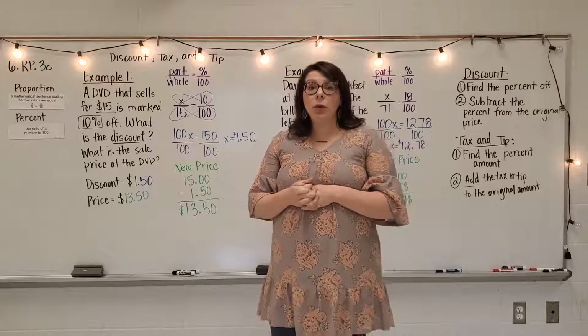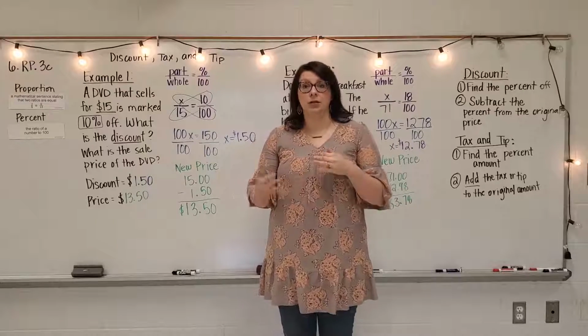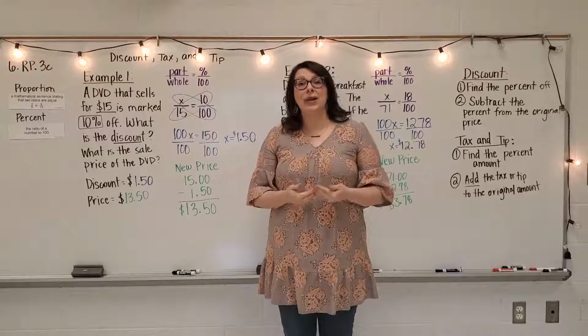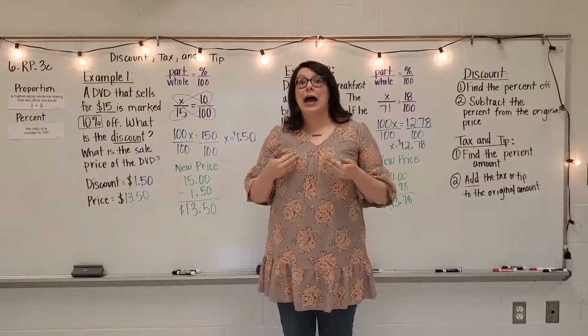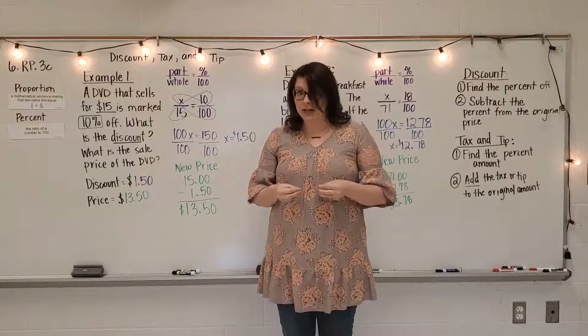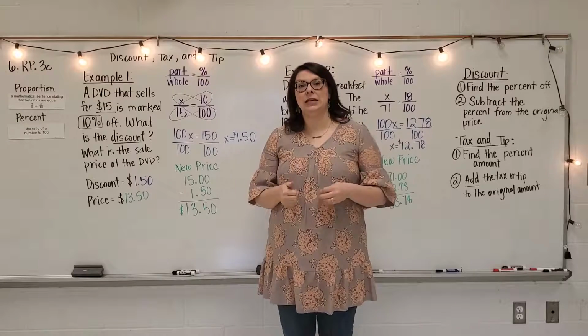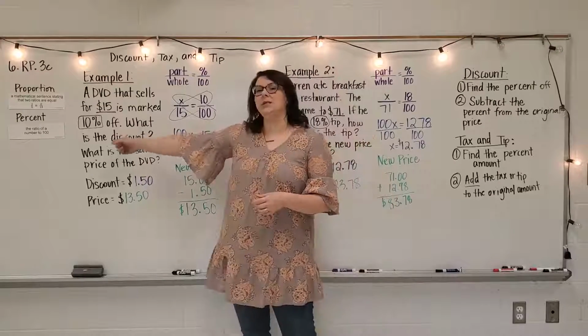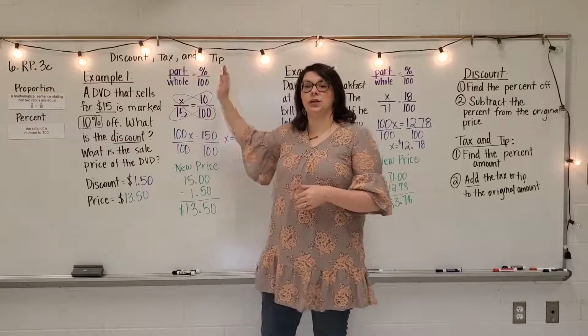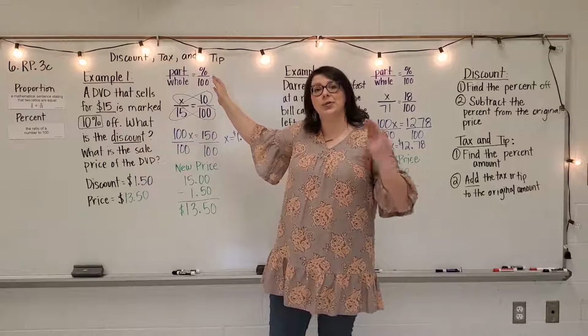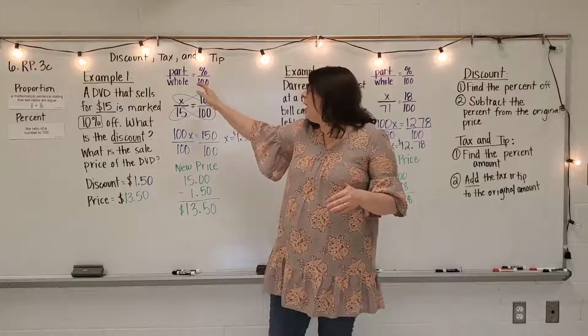Now, before we can find our new price, we have to see how much of $15 will be taken off if it is 10% off. So we're going to use part to whole is equal to percent over 100.